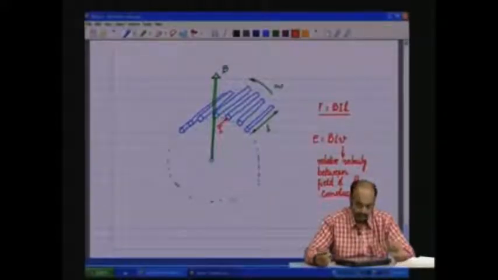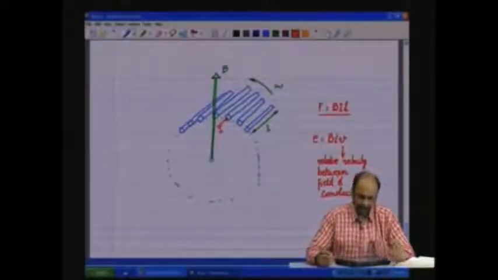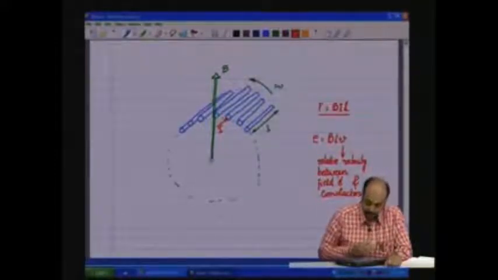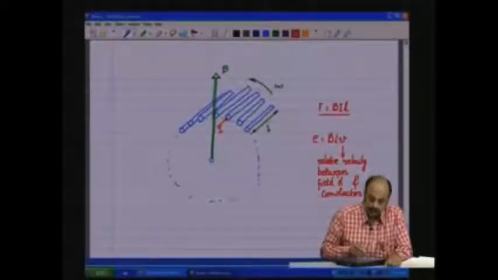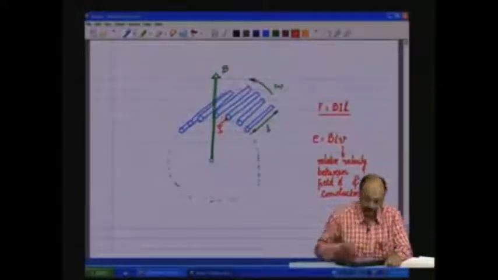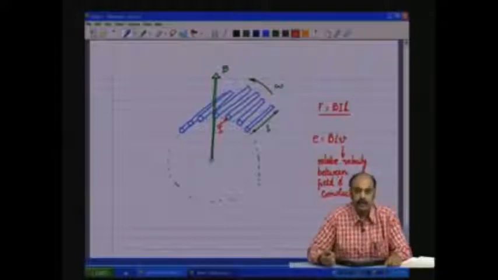First of all, how do we make the conductors rotate, or how do we create this relative velocity? Because that is what is going to induce a voltage on the rotor conductors, and that is going to create a current I, and therefore, B I L. There will be a torque on the conductor which will make it move.